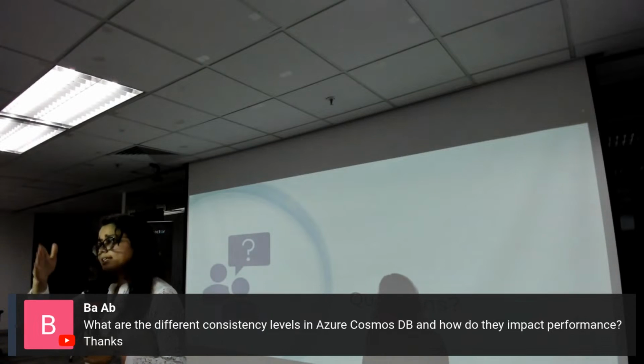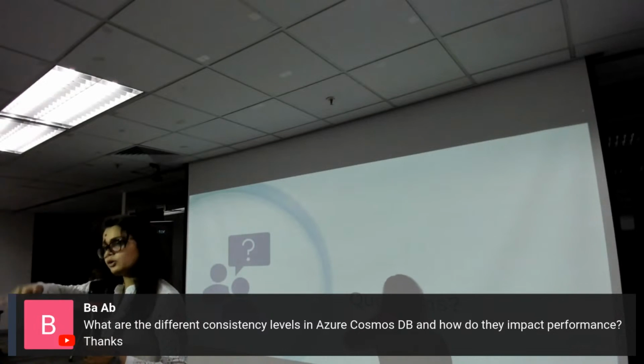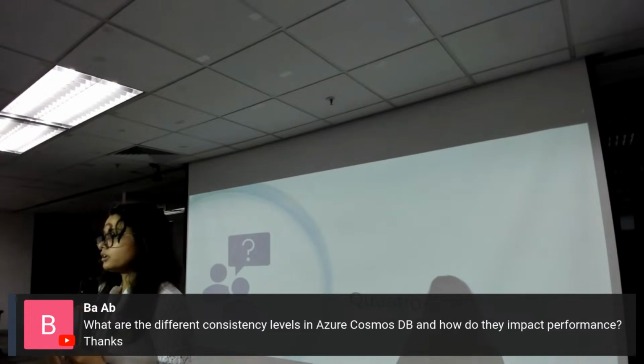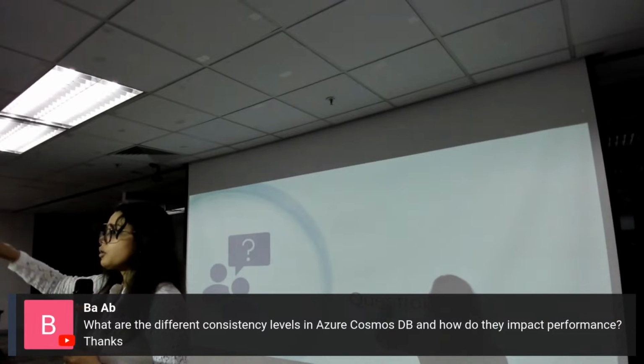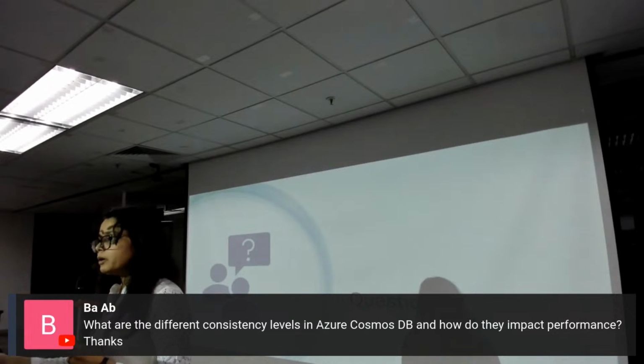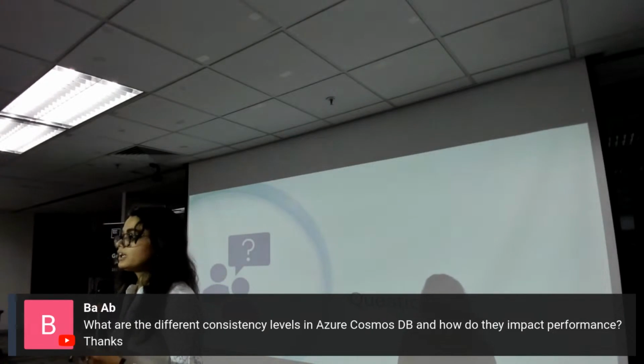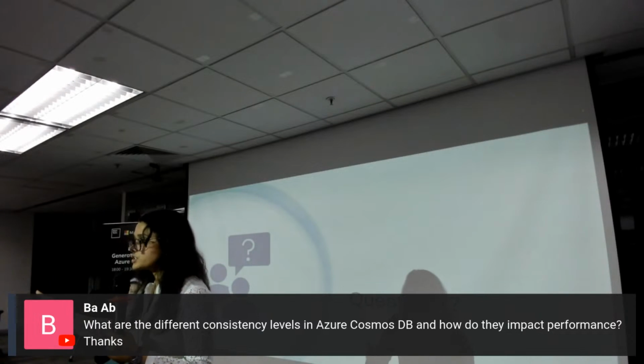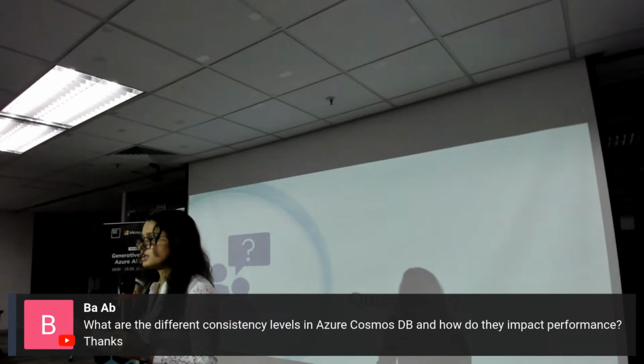The next level below strong is bounded staleness. Strong guarantees that your data is consistent in all the regions. With bounded staleness, you can specify the bound, in terms of the number of versions or the time, whichever is earlier, for how much stale data you want to see.